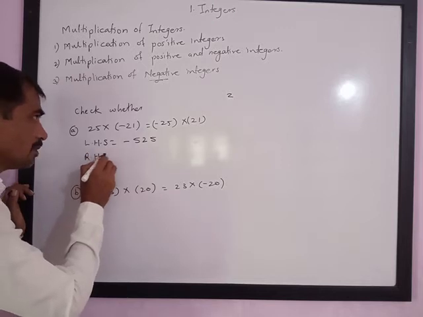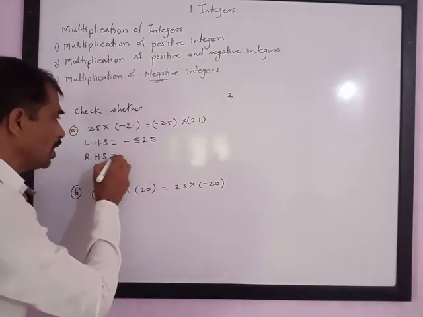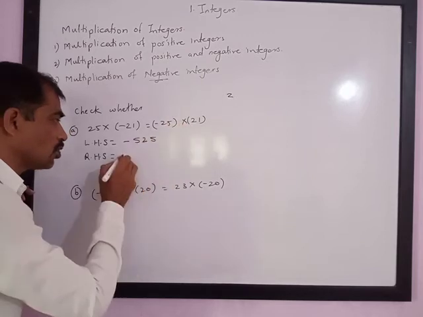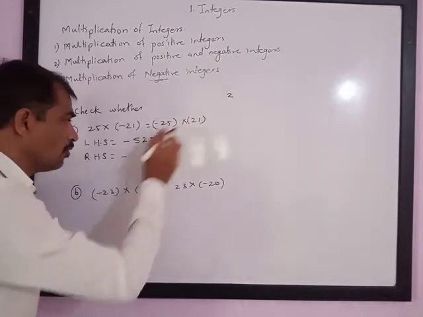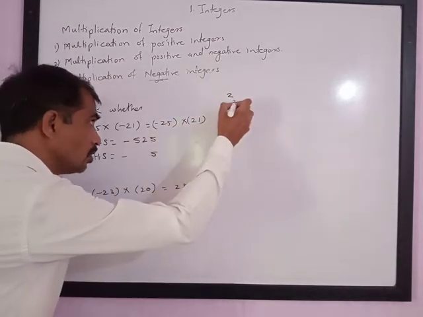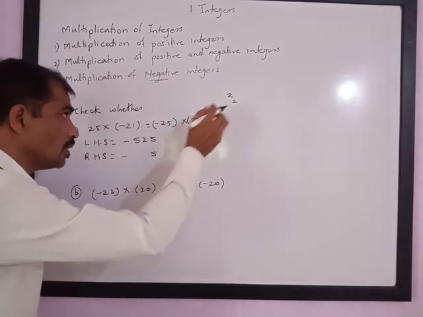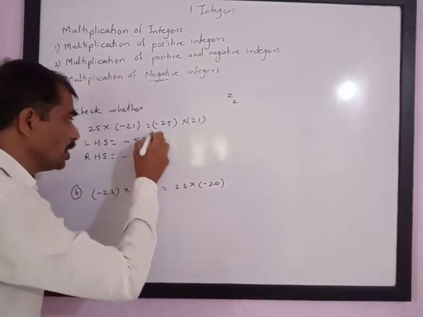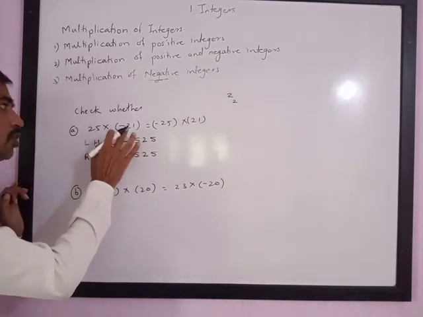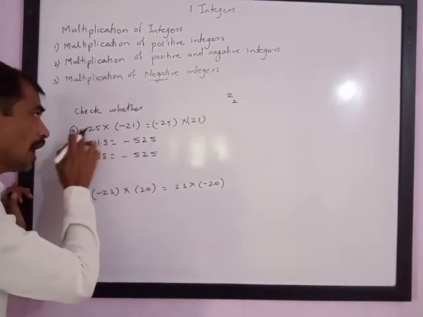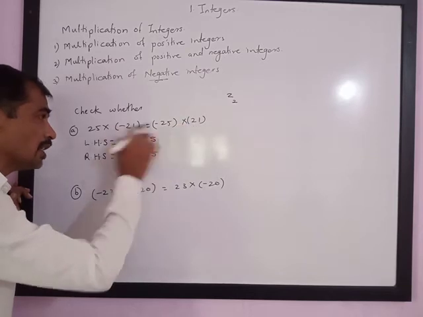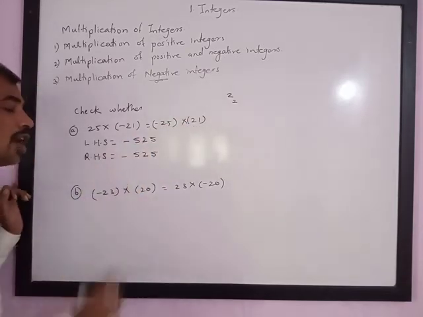Then RHS. Only one integer is negative, so the answer will be negative. 25 ones are 25. 2 carries. 25 twos are 50, so 52. Please note here 25 into minus 21 is equal to minus 25 into 21. The negative sign is changed, but the answer does not change.